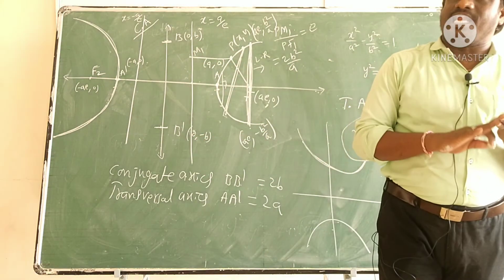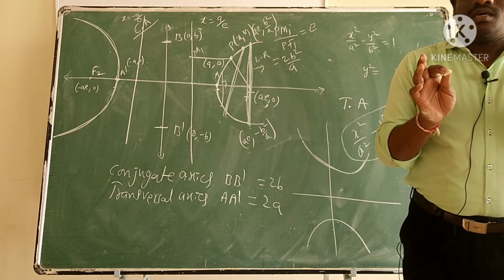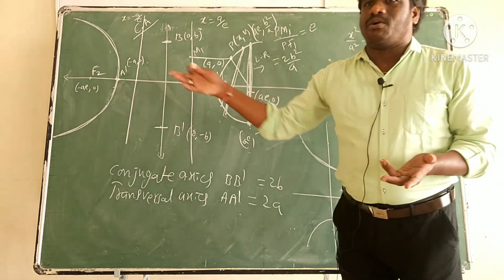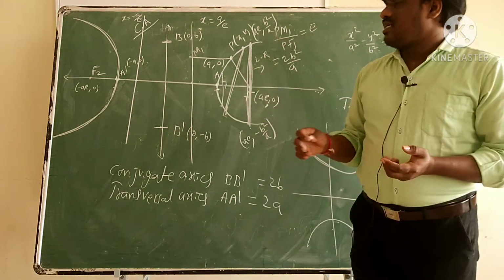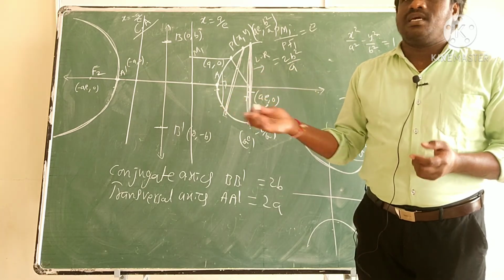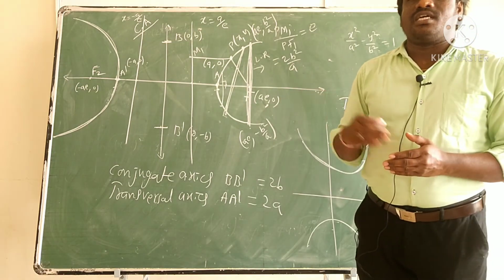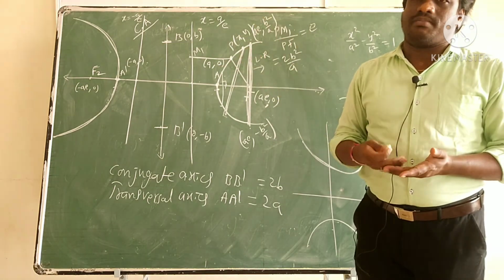You can see that in the ellipse and hyperbola, most of the things are the same. The vertex is the same: plus or minus a comma 0, and 0 comma plus or minus b. And the length of latus rectum here is 2b square by a, there also 2b square by a.